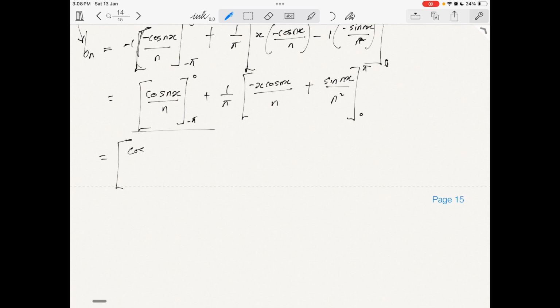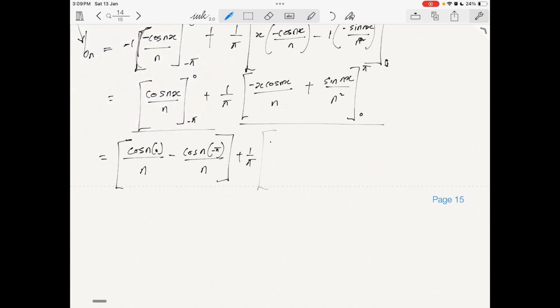So we have cos n of 0 over n minus cos n of minus pi over n plus 1 over pi. The upper limit in this case is pi and the lower limit is 0.